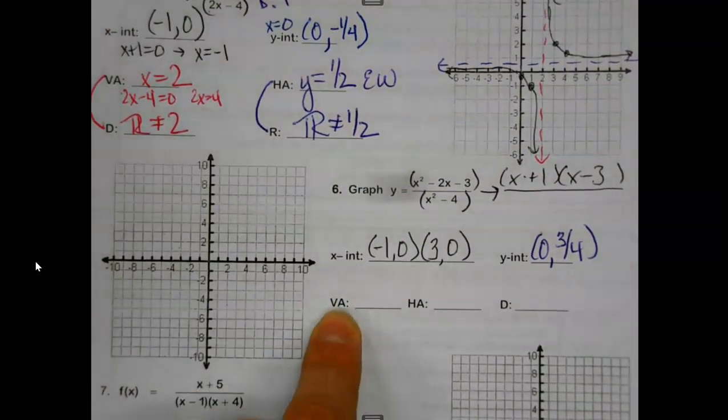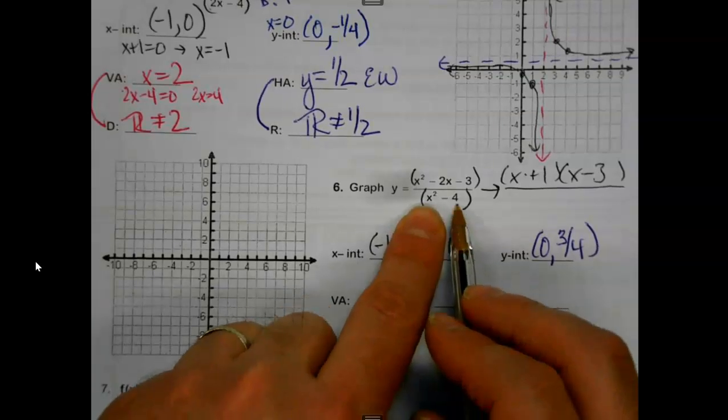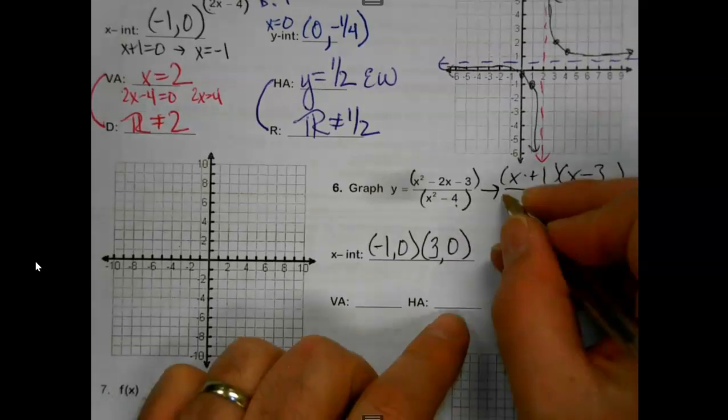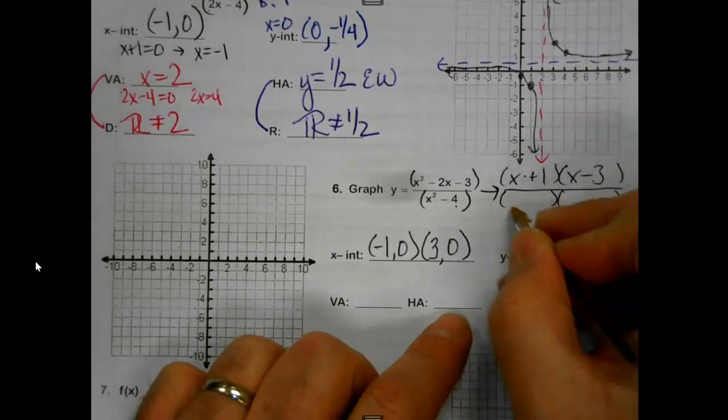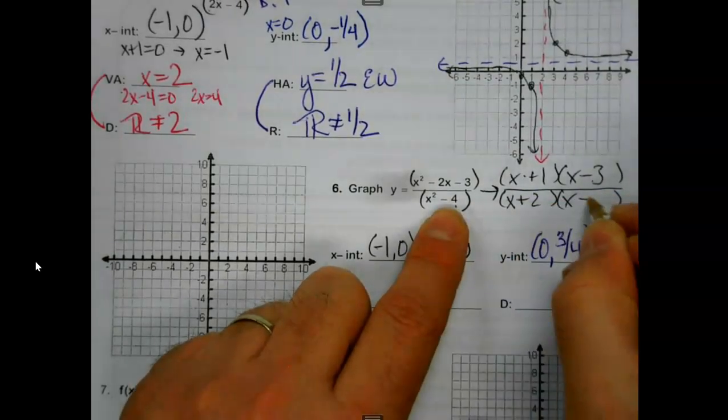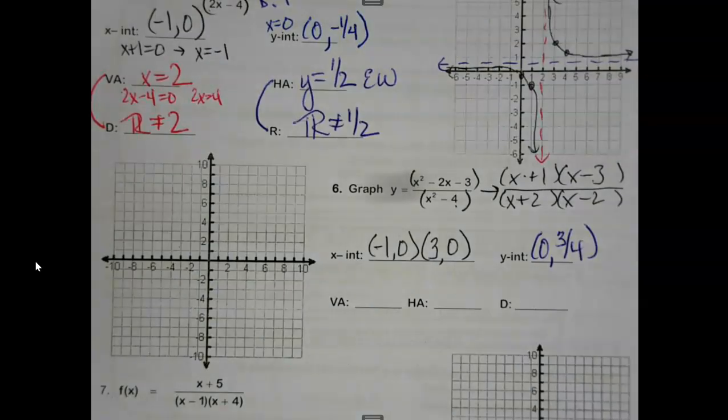Vertical asymptote. Denominator equal to 0. Could you do it algebraically? You could. You could just set that equal to 0. I like factoring better, so that's the route I'm going to go. Difference of squares, +2 and -2. If you did it as an equation, you'd add the 4, you'd take the square root. That would work just as well.